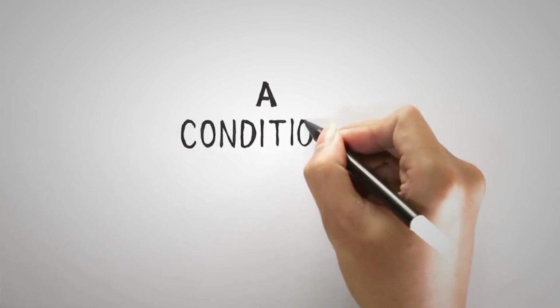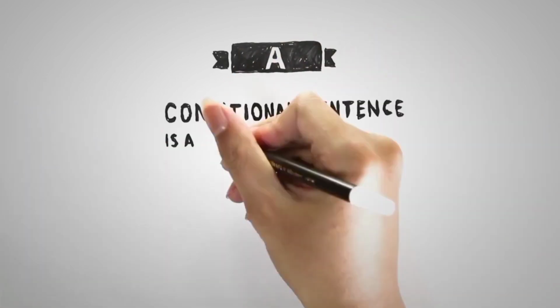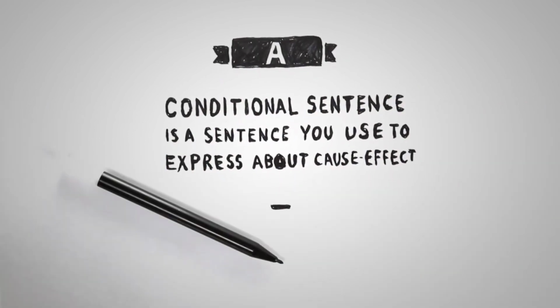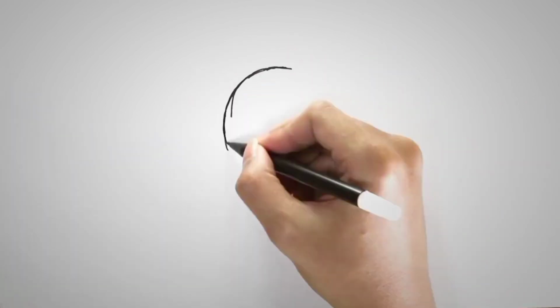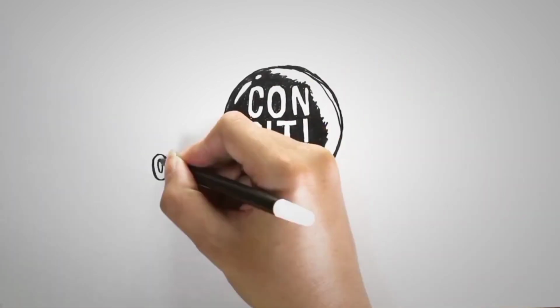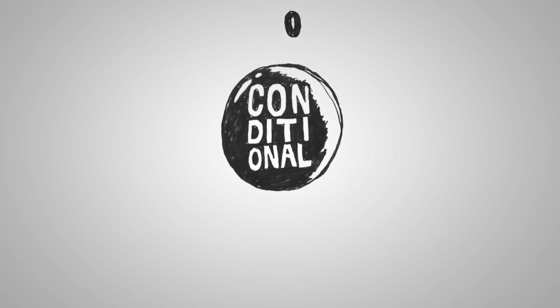Well, a conditional sentence is a sentence you use to express a cause and effect. That's it, kids. Bye-bye. Just kidding. But to be real, there are many types of conditionals. But the first type that we will learn here is the zero conditional.